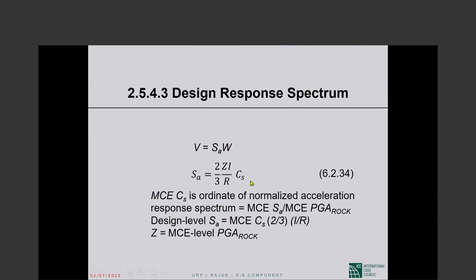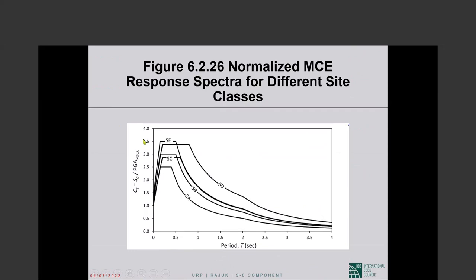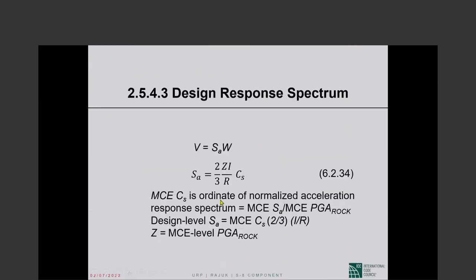So MCE level C sub S, the ordinate of the normalized acceleration response spectrum, is equal to MCE level S sub A divided by MCE level PGA on rock. Nothing different from what I just said.